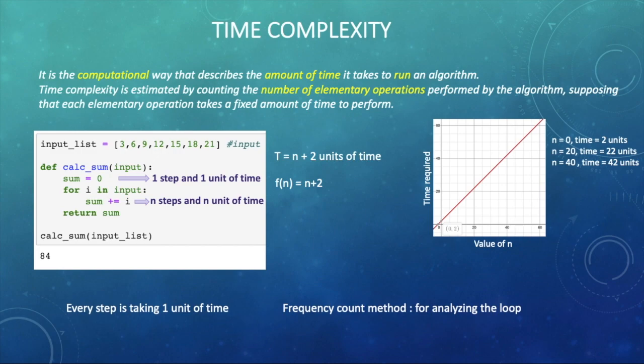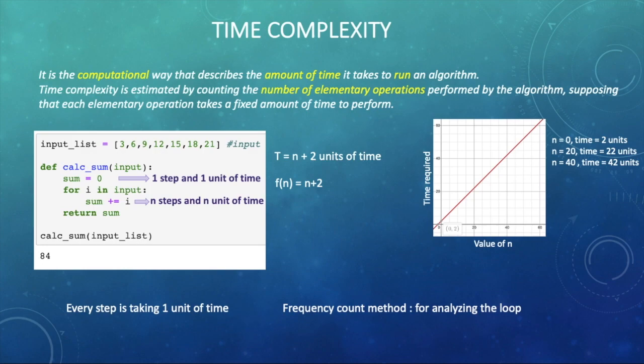Okay, now if we observe carefully and plot these values on a graph, it would look like this slanting linear line, right? Where on the x-axis we have different values of n and on the y-axis we have the time taken by the algorithm. So when the value of n is 0, it is showing time taken as 2 units.